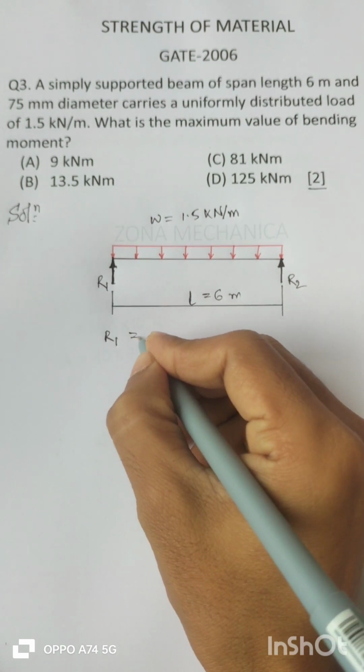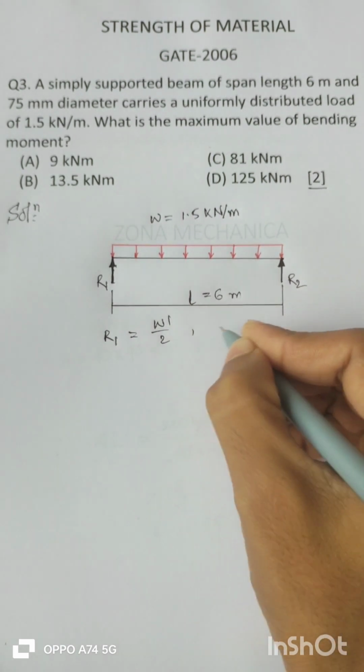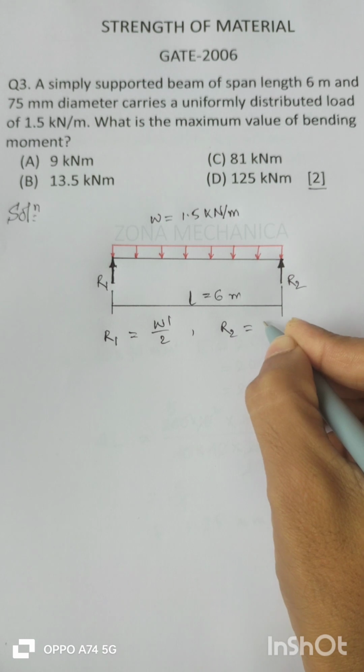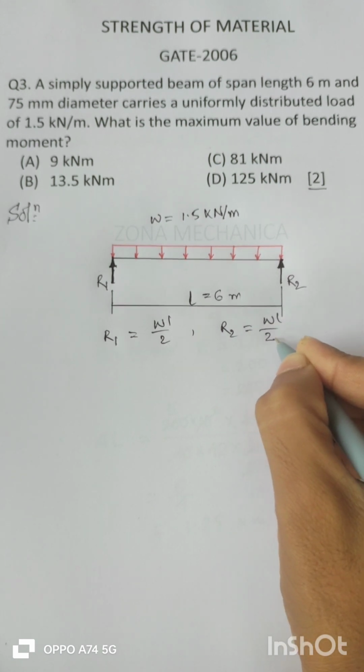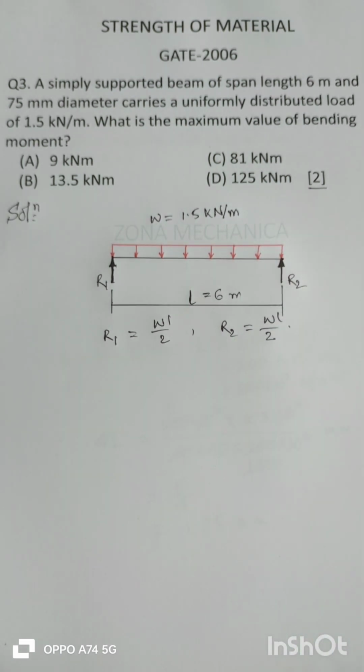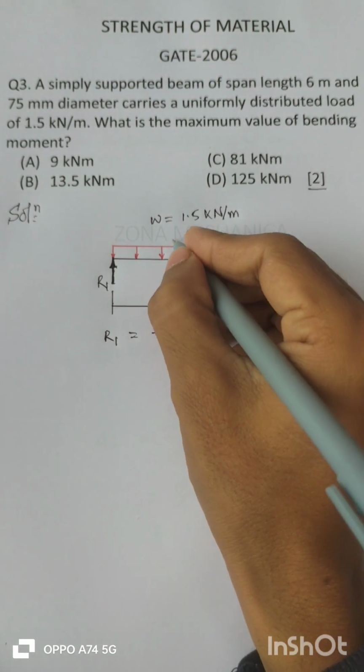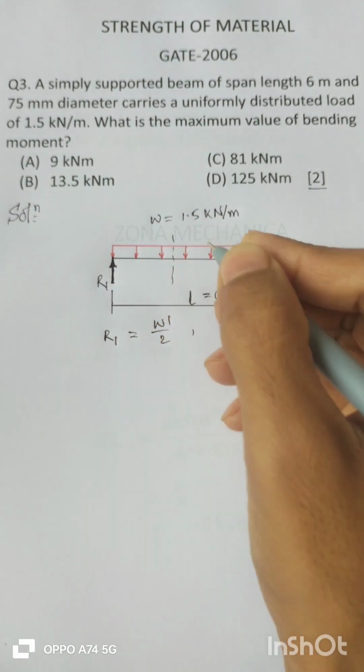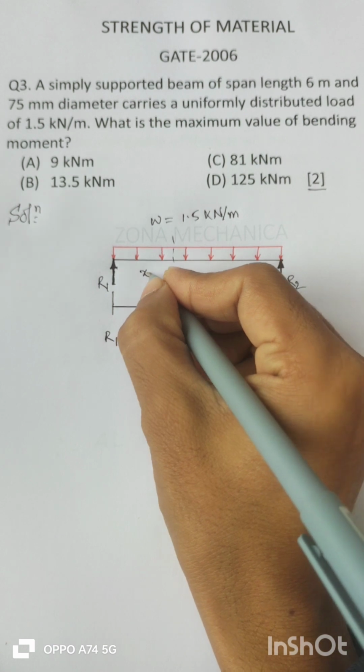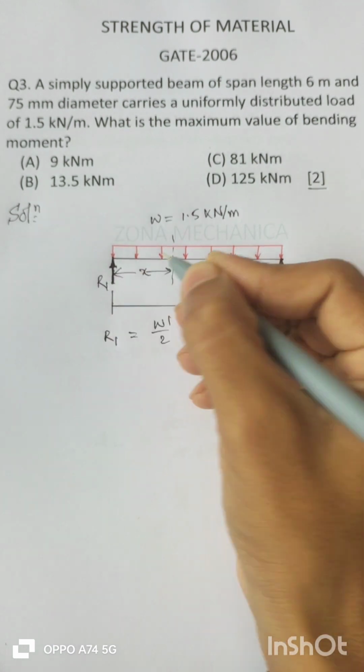So R1 is equal to W into L by 2 and R2 will be equal to the same, W into L by 2. Now the bending moment. Let us consider a section at X from R1.